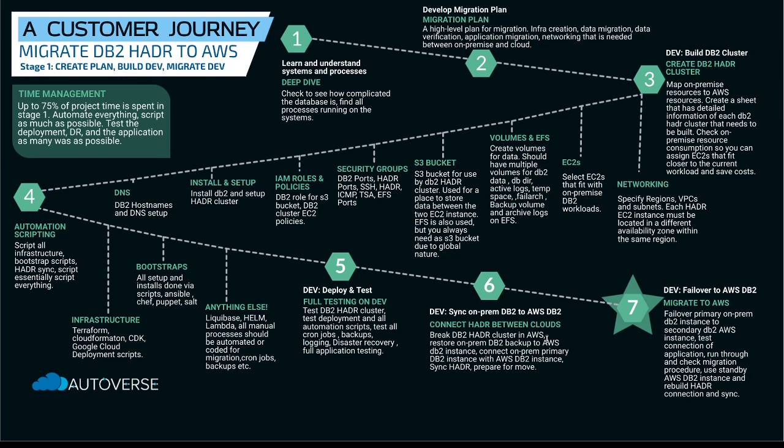And you're going to make sure that that connection is available through VPN with the help of your networking team, so that the primary on-premise database server can connect and communicate with the DB2 standby instance in AWS.